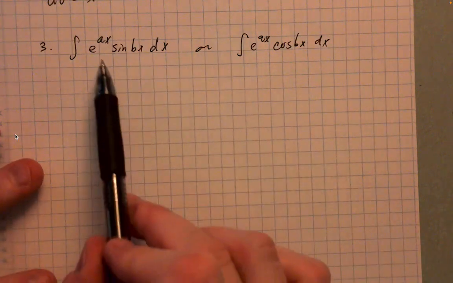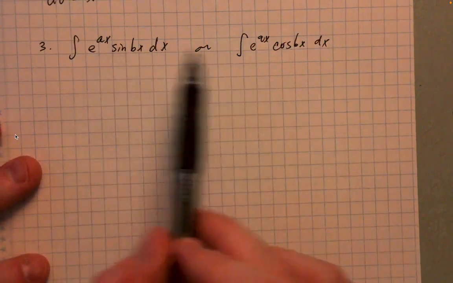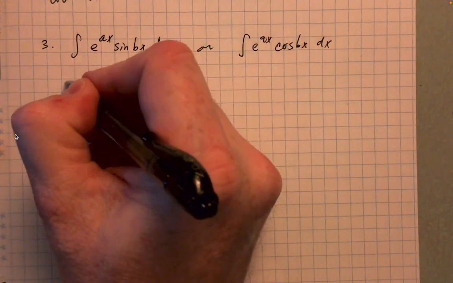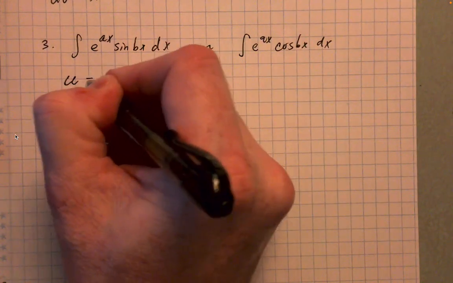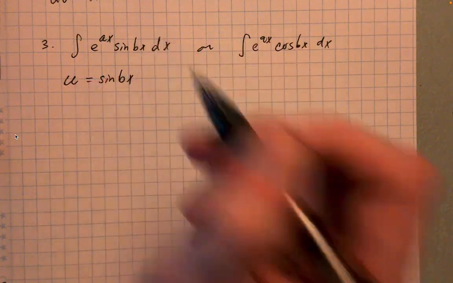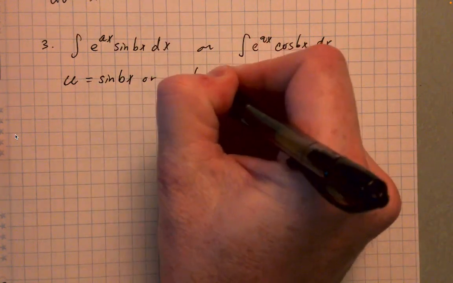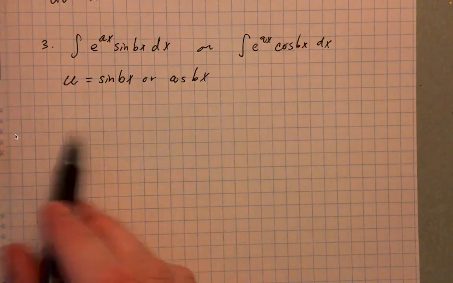Well, these are kind of instance by instance, but a good choice here would be to let u equal the sine of bx, or cosine of bx, and then let dv be the other one.